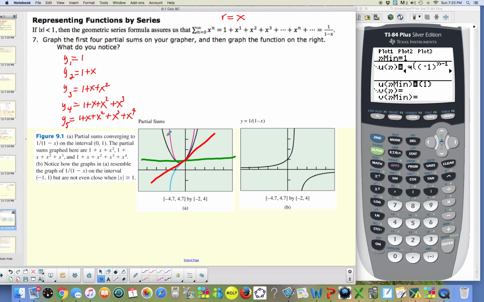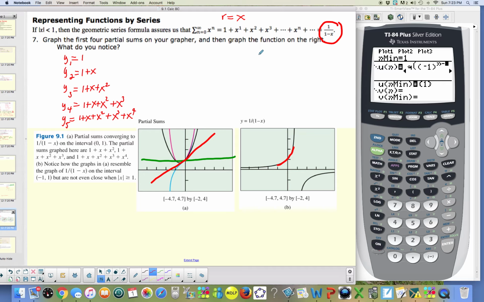Now, what's happening is this is getting closer and closer to looking more and more like this portion of the curve 1 over 1 minus x. Remember this is the sum formula.